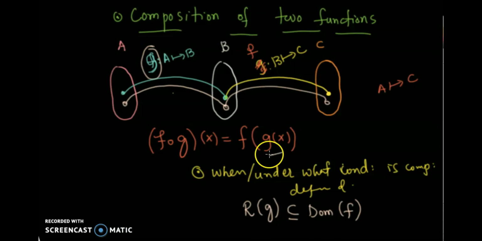You can say that this is the inner function and this is the outer function. So the range of the inner function should be a subset of the domain of the outer function. This terminology is from our side, that in f of g, this is the inner function and this is the outer function. So this composition is defined when the range of the inner function is a subset of the domain of the outer function.